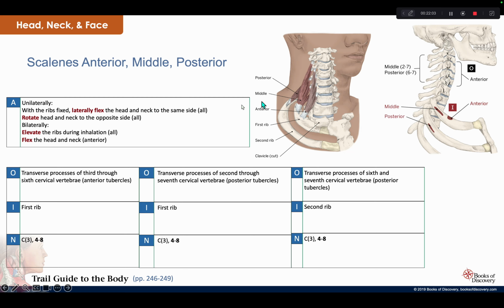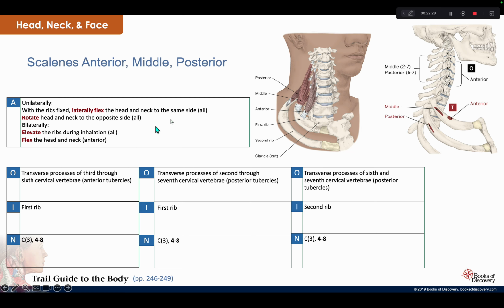If one side works, it'll actually rotate the head in the opposite direction. Bilaterally, so if both sides are working together, it's going to elevate the ribs during inhalation, all heads, and then it's going to flex the head and neck anterior.